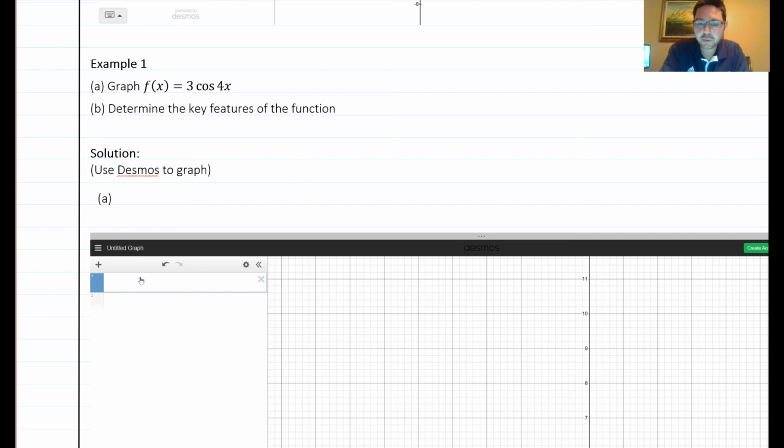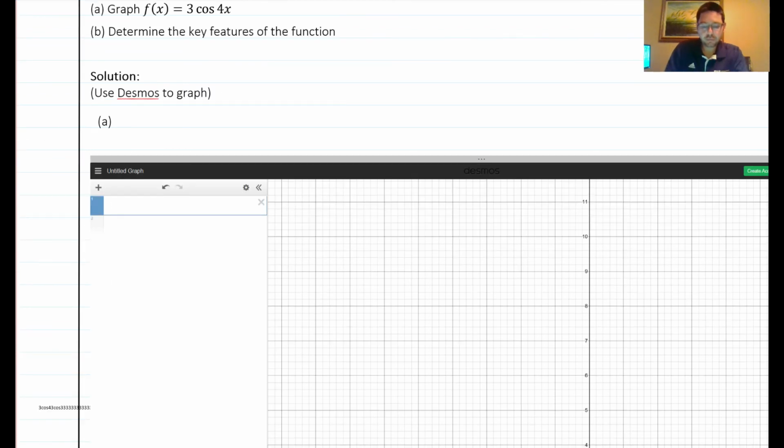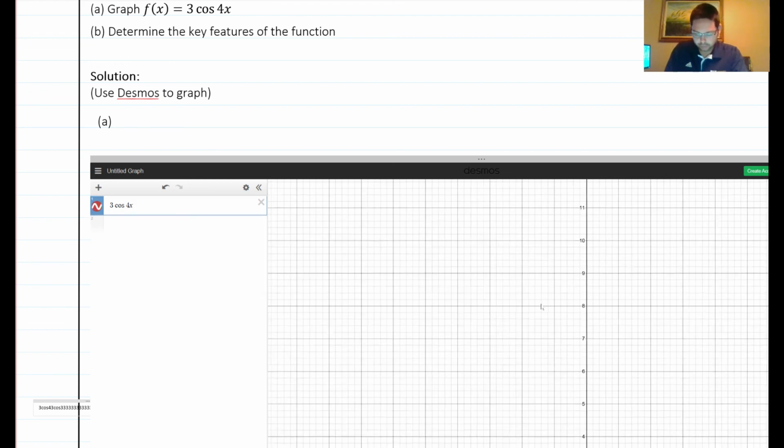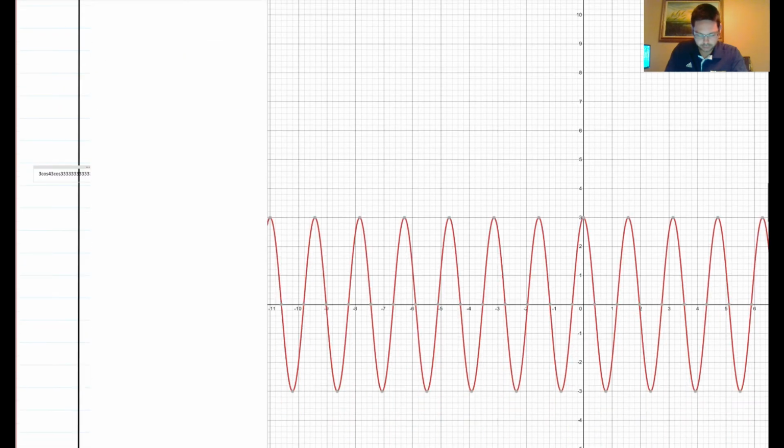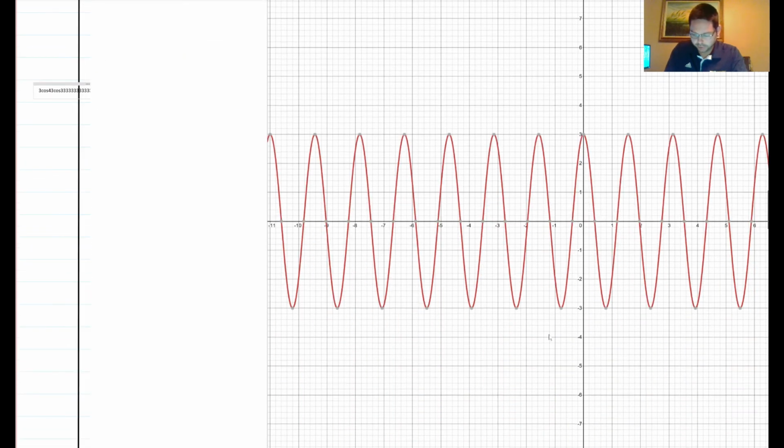Sorry about that, it was kind of glitching here. So we got 3 cosine of 4x. You just got to type that in. That's all. All right, so now we're going to get our graph. There you go.